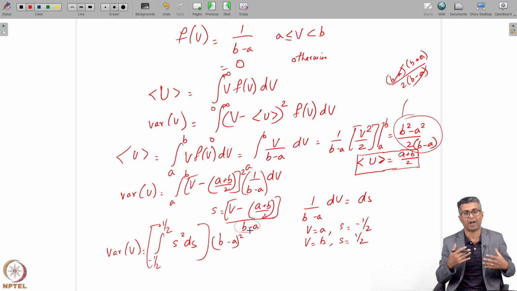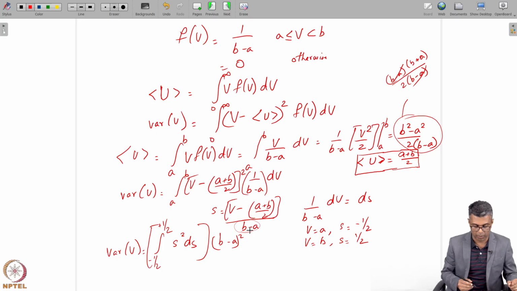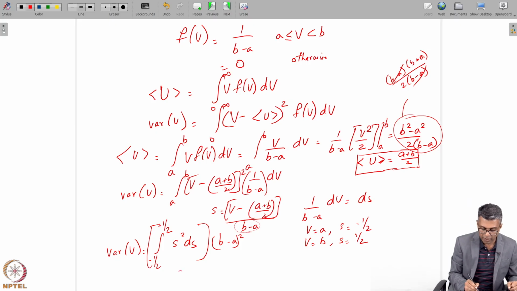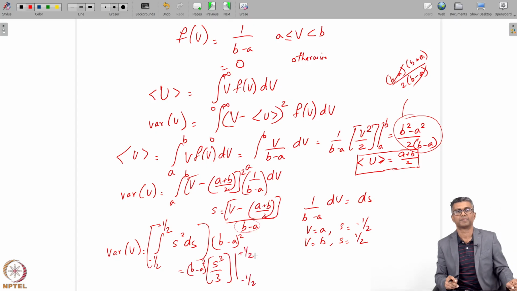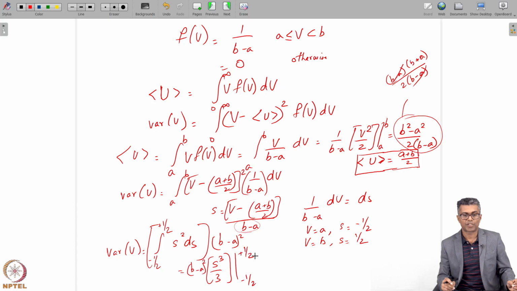So the integral of this is s cubed over 3, times (b − a) squared, and s cubed over 3 goes from minus half to plus half.